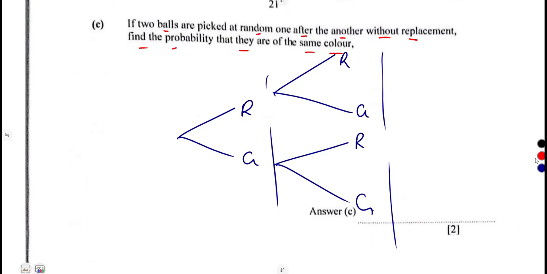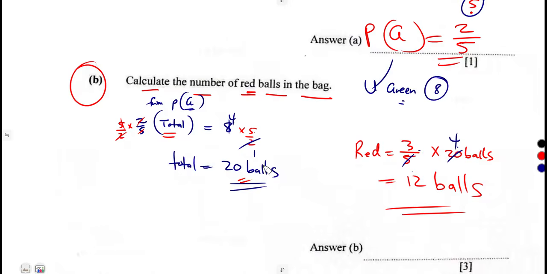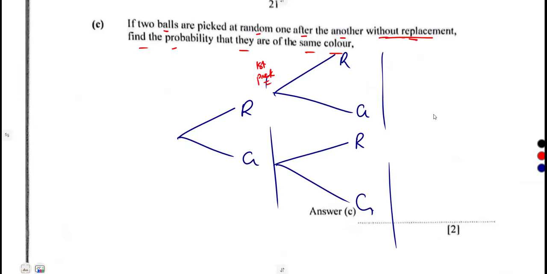So from what we are given, without replacement, we have the first pick. From those probabilities, green is 2 over 5 and red is 3 over 5. So you take those as they are. To have the same color, it's red to red, green to green.